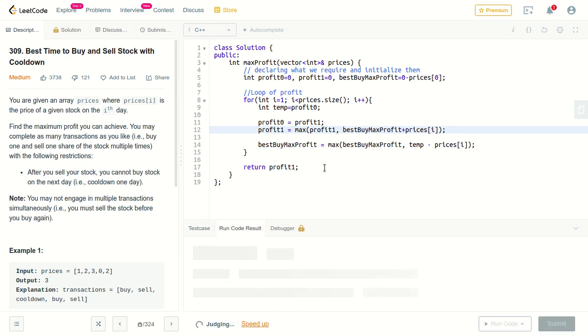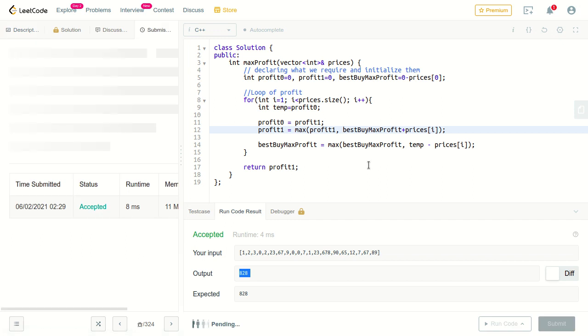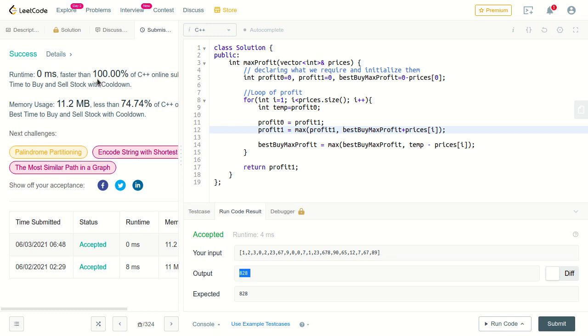So it seems it is correct and we are receiving a pretty high profit. So let's submit and see if it passes or not. Nice one, it beats 100% of test cases. This is a great one, guys.